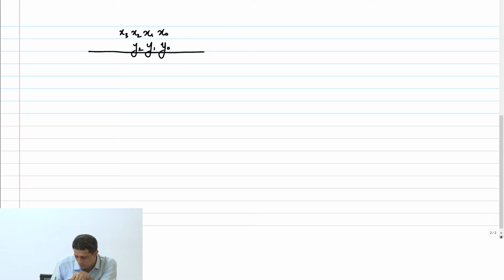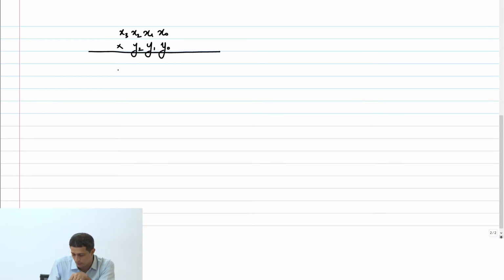Okay. So let's look at a simple example. x3, x2, x1, x0 times y2, y1, y0. Let me keep the notation consistent. So what do you get here?